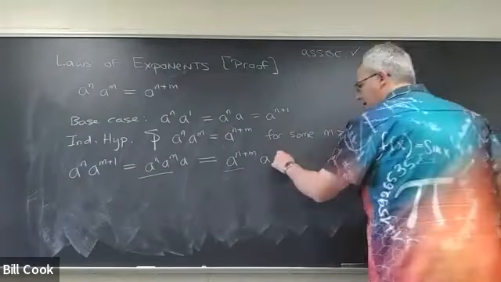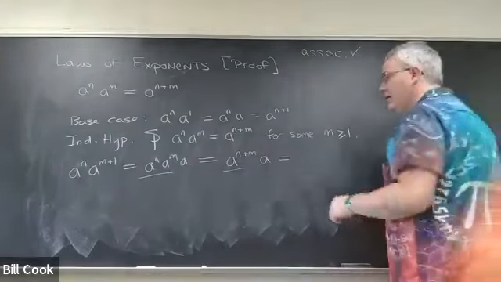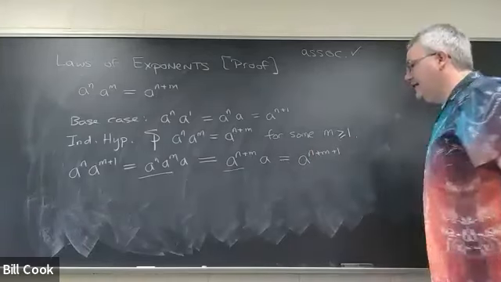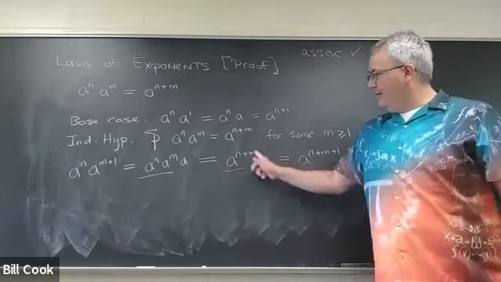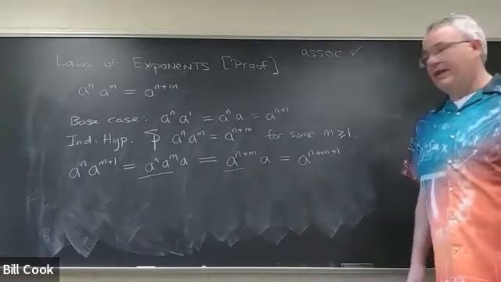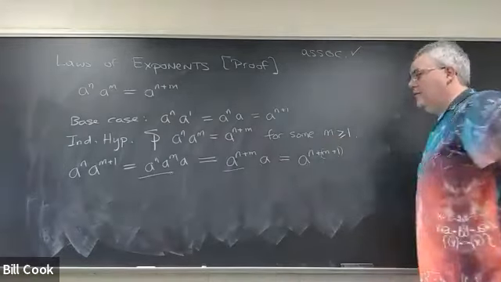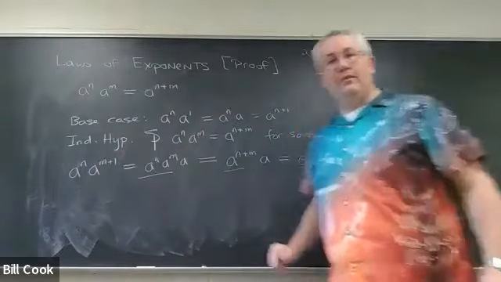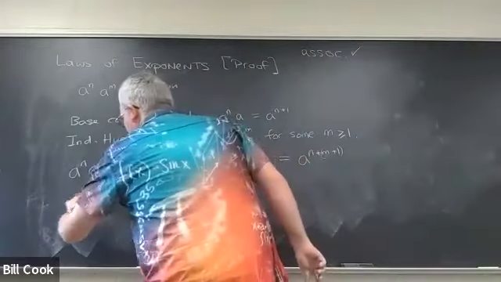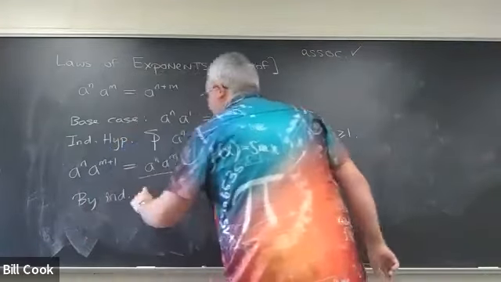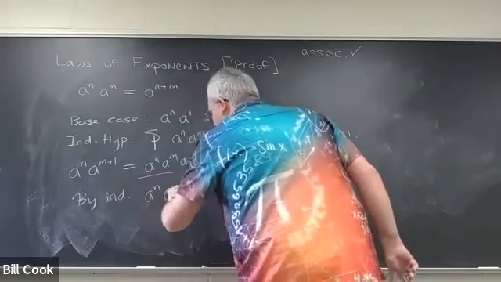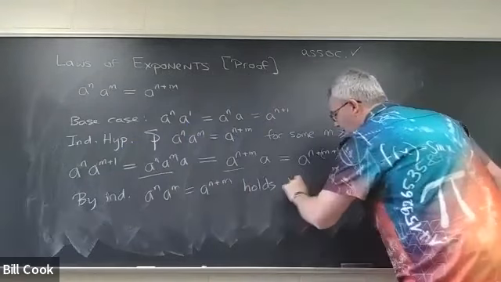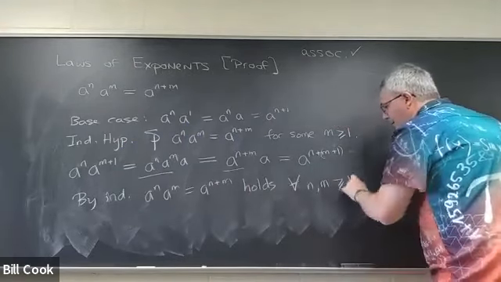Then I use the definition of exponents, and say if I multiply this by a, I'm adding one more. And notice we have our law of exponents. If it holds for m, it holds for m plus 1. And so by induction, this law holds for all n and m at least 1.